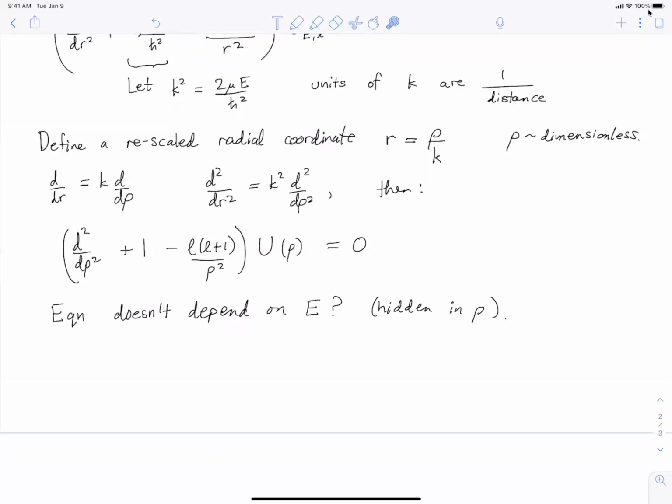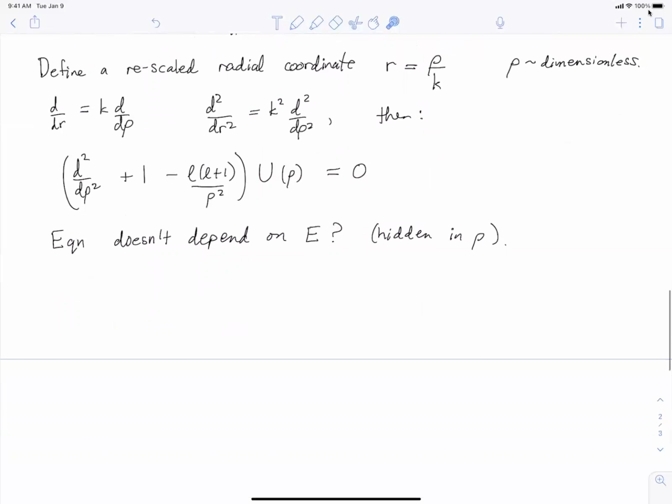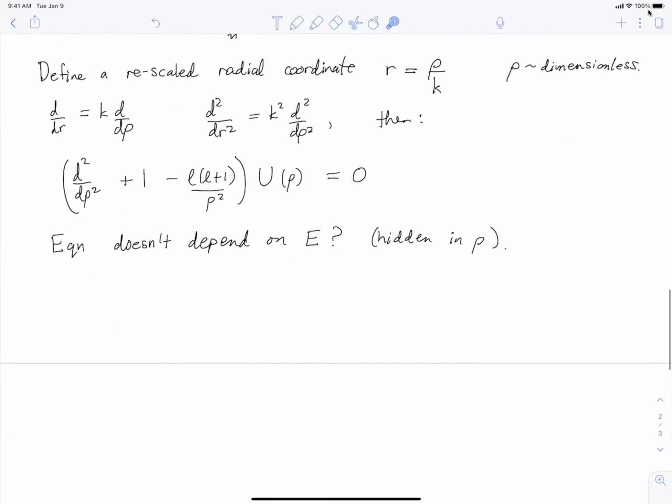And so that will reintroduce the energy dependence, which hopefully will reassure you that there's no hidden magic going on here. So meanwhile, while we're solving this, it's good that it doesn't depend on the energy. And so let's systematically solve this, and we'll solve it by first treating the simplest case, and that's when L equals 0.